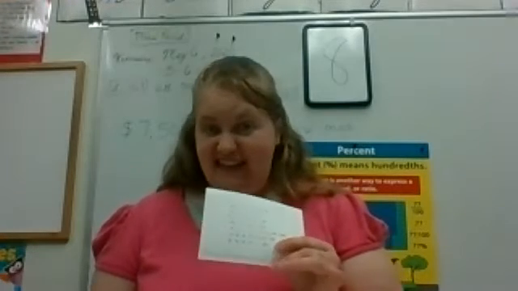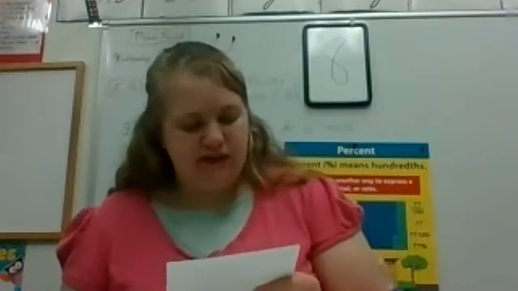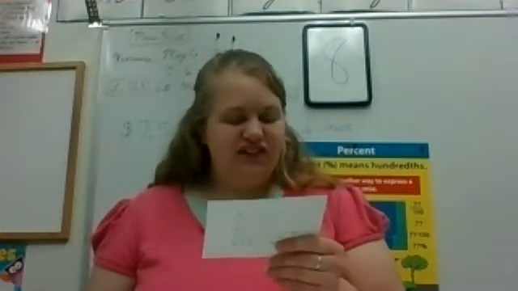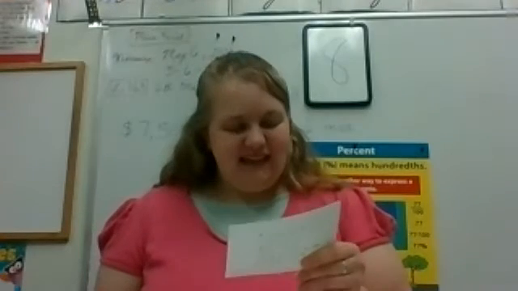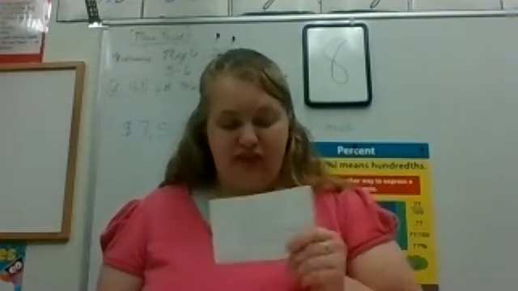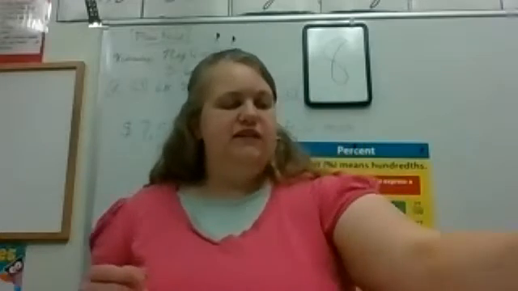Did you get 69? Okay, so you should have gotten 69. 2 plus 2 is 4, plus 11 is 15, minus 2 is 13, plus 5 is 18, plus 70 would be 88, minus 50 would be 38, plus 31 would get us 69. Okay, so very good on those.